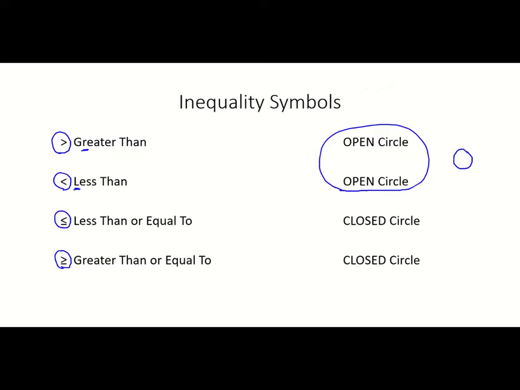Whereas if it has a line underneath, meaning greater than or equal or less than or equal, we use what's called a closed circle. So we're actually going to darken in that circle when we graph because that means that our answer is included. It was equal to. So we need to differentiate between an open circle and closed circle as well. And again, we're about to do some examples so we can see this in play.